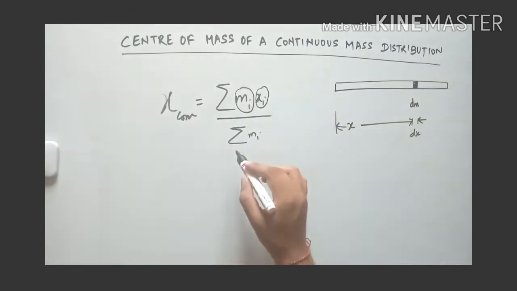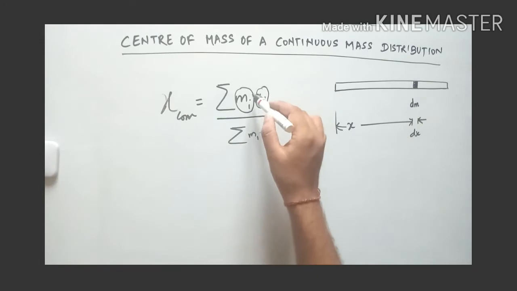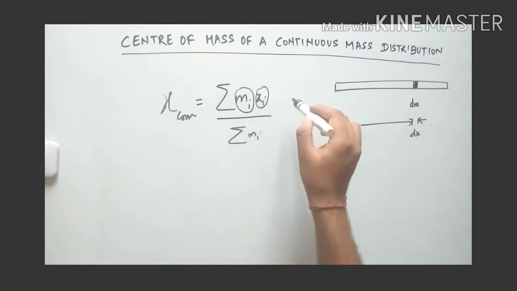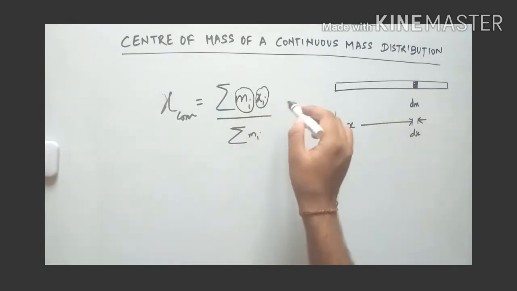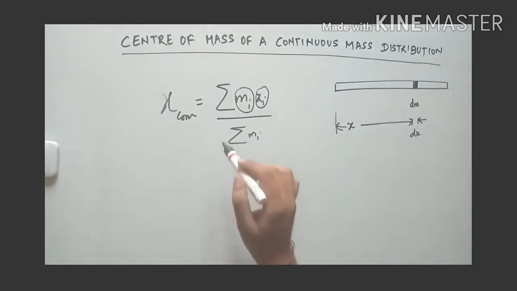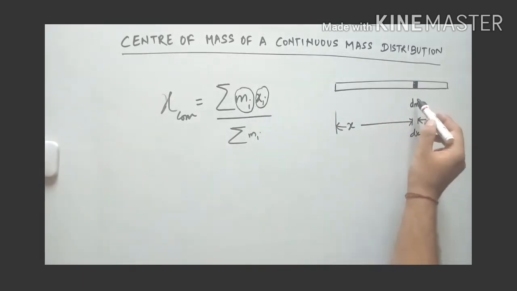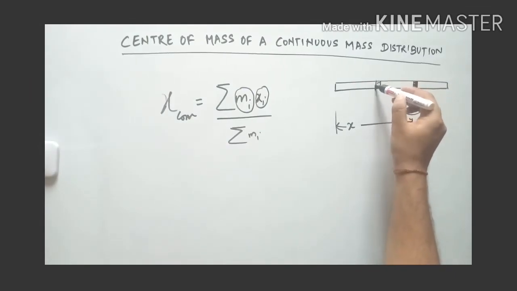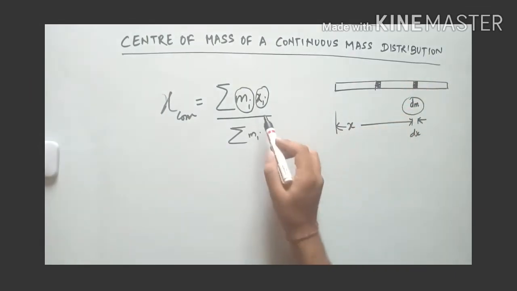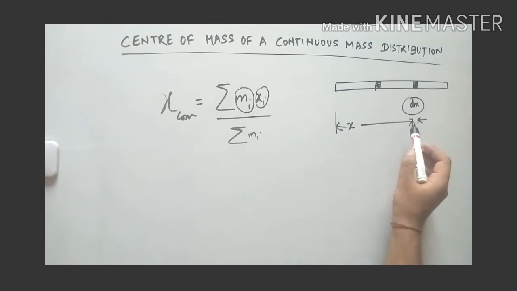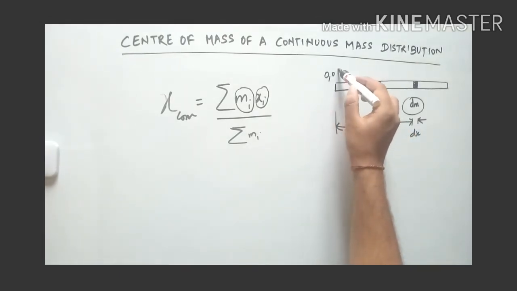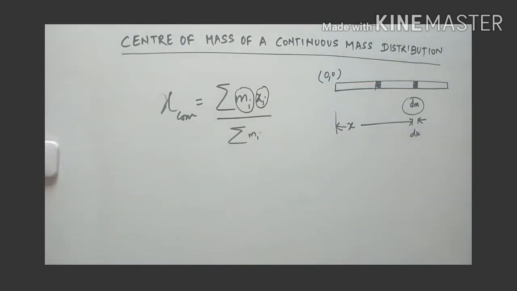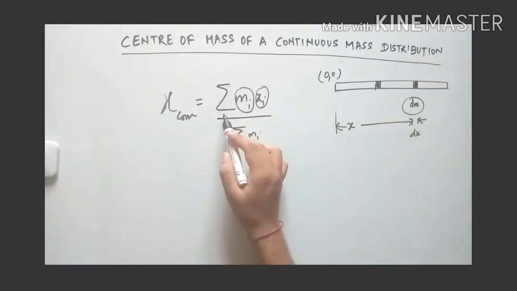The summation means you take the product of m1 x1, m2 x2, m3 x3, and you add it. So basically this summation is integration. I'll remind you once again, mi is the element, because there are many such elements, and xi is the position of that element. Let us say this is the origin.